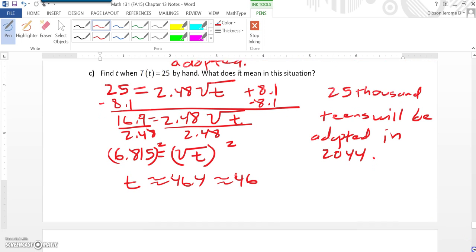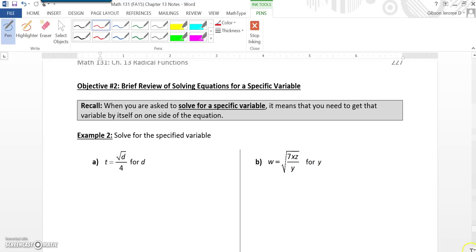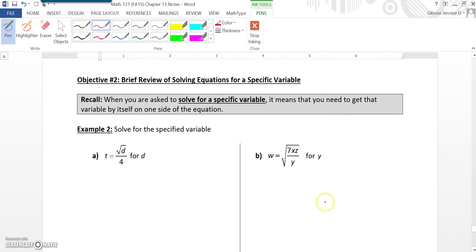So now, we scroll on to the next page. We have objective 2, a brief review of solving equations for a specific variable. So now, we have T is equal to the square root of D over 4, and we want to solve for D. So we want to get D by itself.